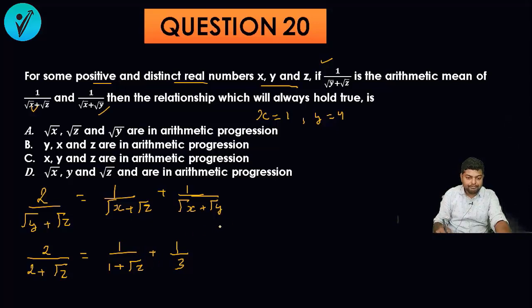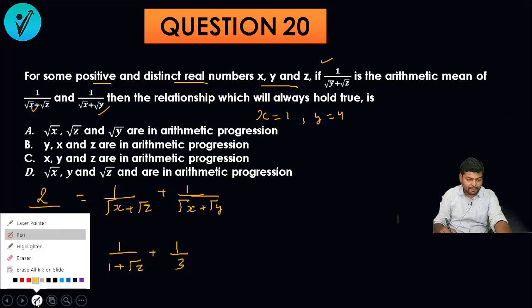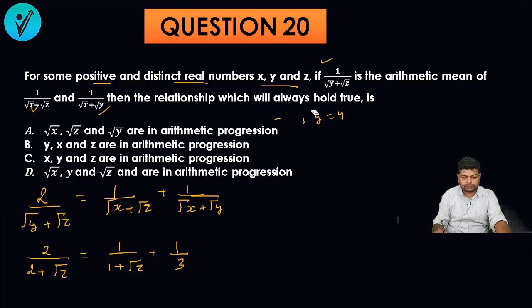Okay, or we can say that if we'll move it to that side, so it will be 2 upon 2 plus root z minus 1 upon 1 plus root z should be equals to 1 by 3. Take the LCM of it.